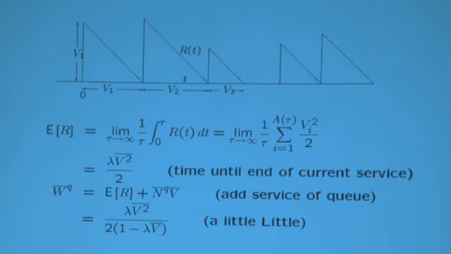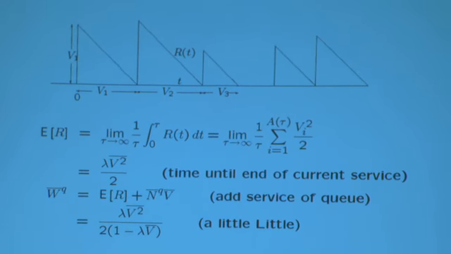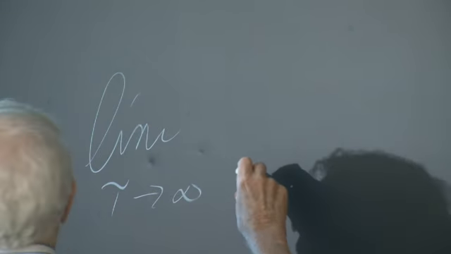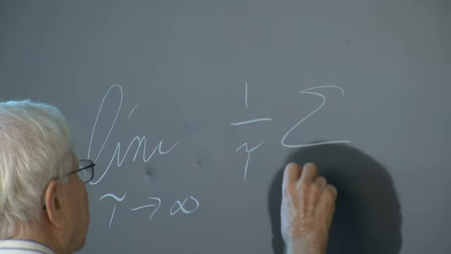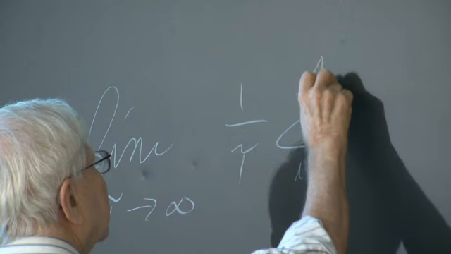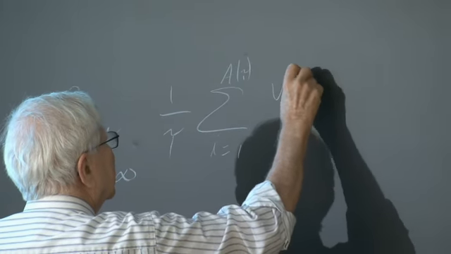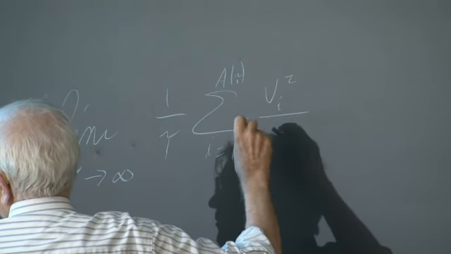Well, we know how to evaluate that kind of thing because we've done it 4 or 5 times already. The limit as tau goes to infinity of 1 over tau times the summation from i equals 1 to A of tau of V_i squared divided by 2.